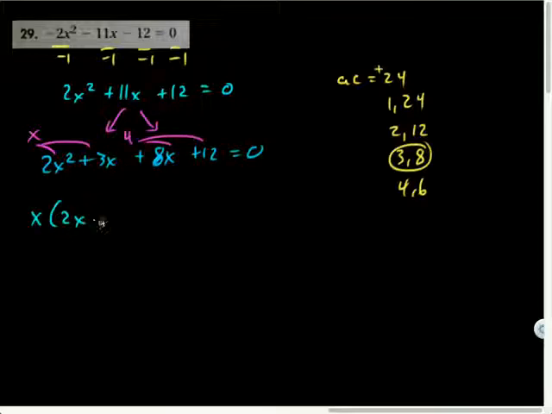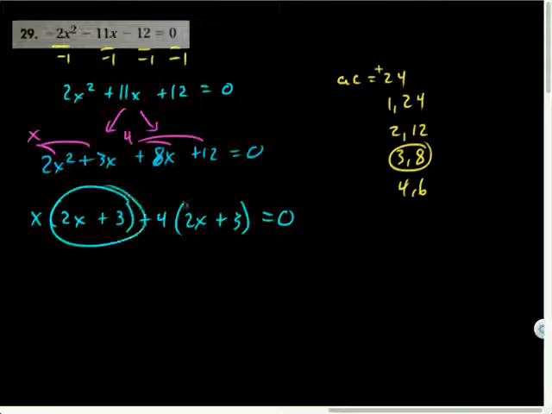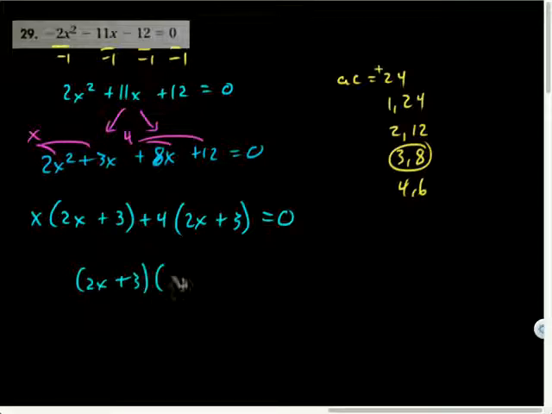You got my back. And then you'd be able to take 2x plus 3. Hey, my parentheses match, which they had to. Good news. So my answer, well, nope, I lied. My factors are 2x plus 3 and x plus 4. But that is not my answer.